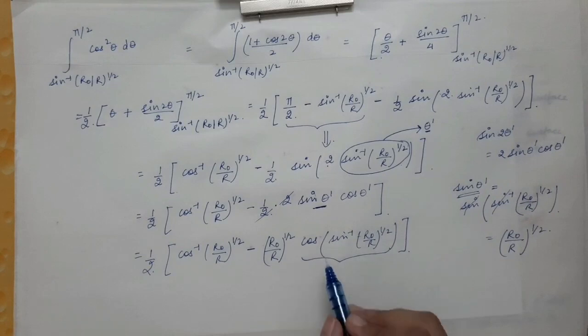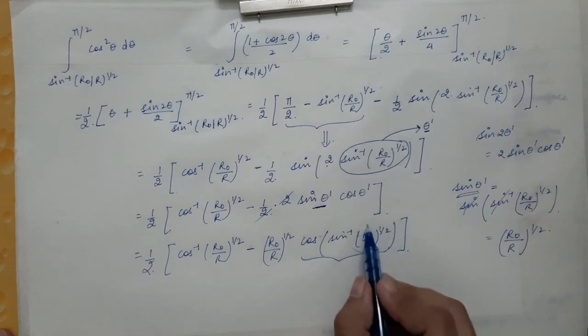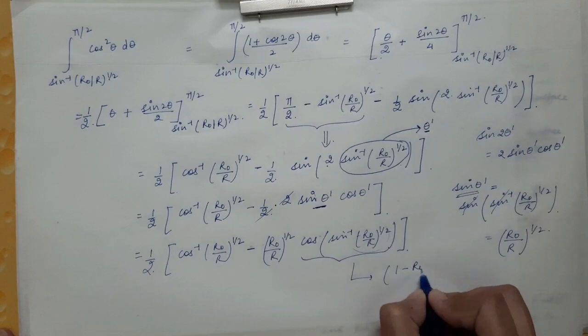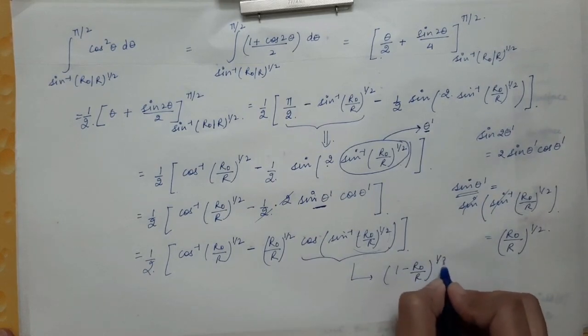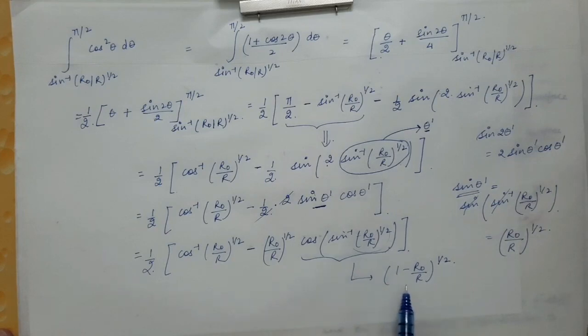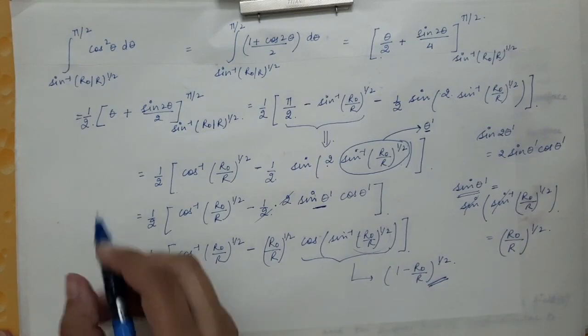Now you can use another identity of cos of sine inverse theta. So cos of sine inverse of this angle will come out to be equal to square root of 1 minus r naught by r power 1 by 2. So you can solve this on your own.